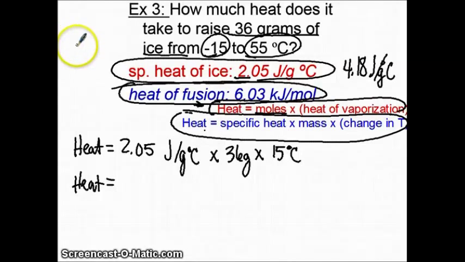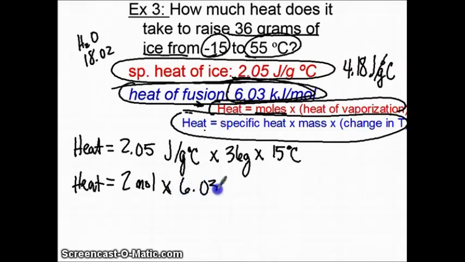The molar mass of H2O is 18.02. Let's just use 18 just to make this easy. So we have 2 moles times the heat of vaporization, we have right here, or excuse me, heat of fusion. So we have 6.03 kilojoules per mole.